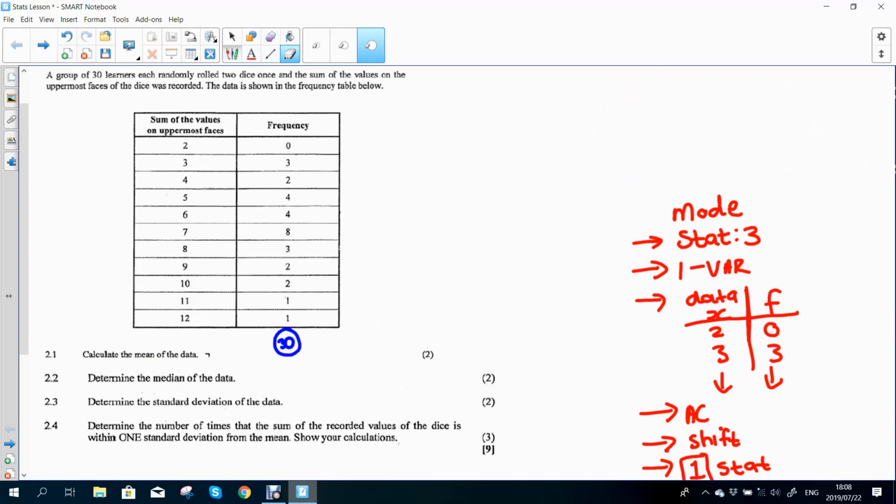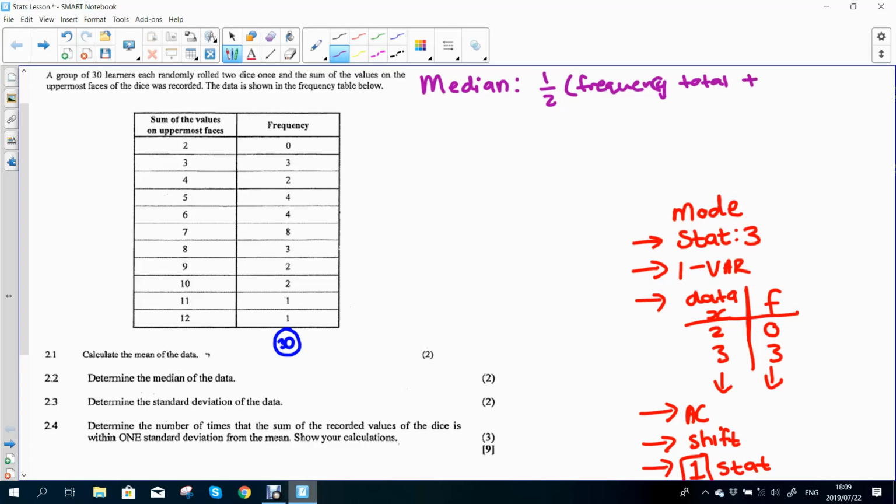And I'm going to again show you two ways to find the median. We're going to find the median by doing it manually. And then we're going to find the median by using the calculator. So by doing it manually, what you want to do is you want to take half of the frequency total plus 1.